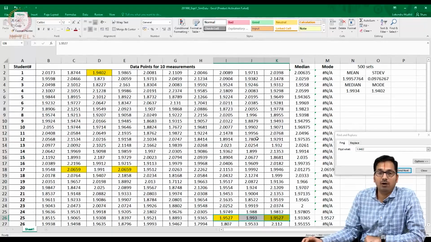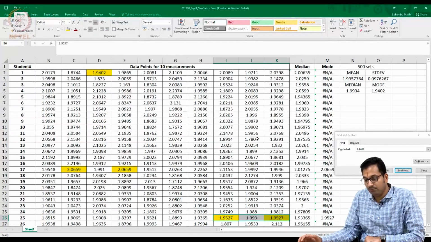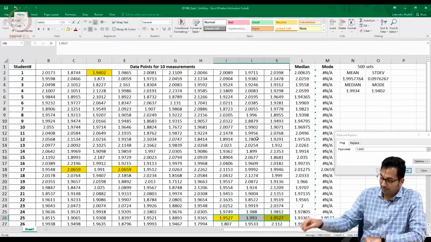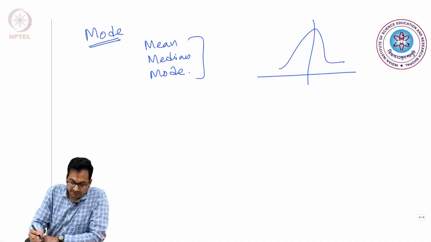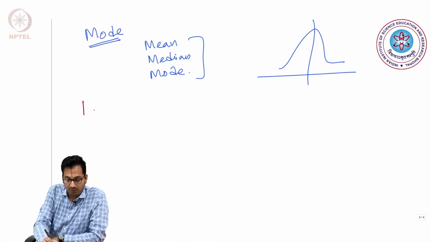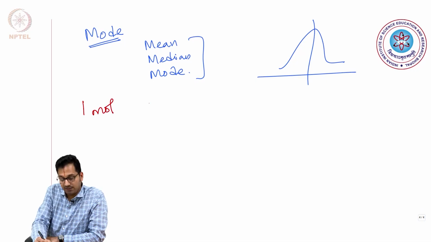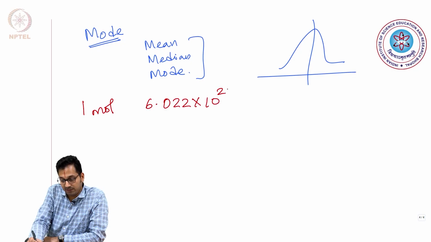Now that we have seen how data is represented properly with mean, mode and median, and of course standard deviation, let's ask why we are worrying this much about it. All these parameters are defined because when you are taking 1 mole of a substance, you are talking about 6.022 x 10^23 particles.